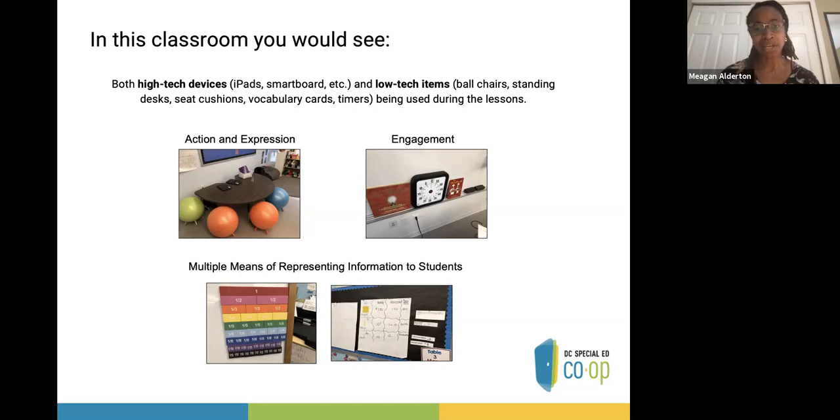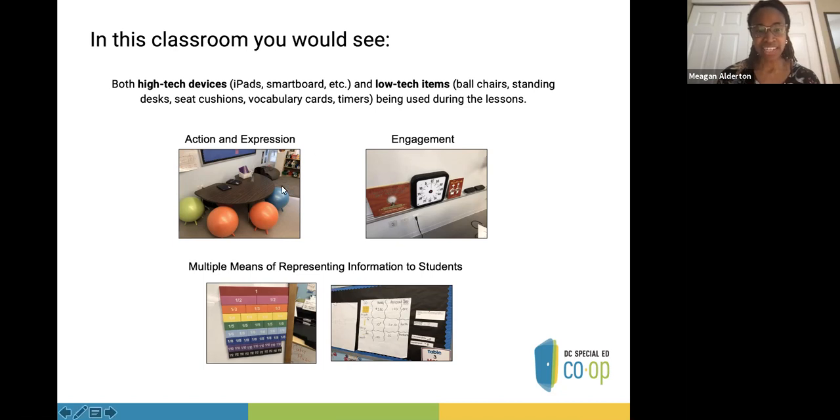Think about how we could use assistive technology to leverage action and expression, leverage engagement, and leverage how we're representing information to students. And so we worked very closely with some assistive technology specialists, and we literally took parts and components of the classroom and designed it accordingly.